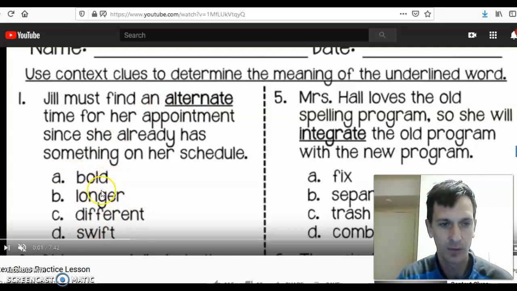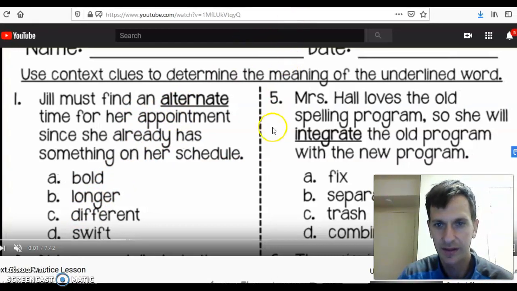It's not going to be bold or swift, because nothing about her having something on her schedule means she needs something bold or swift. Is it longer or different? It doesn't say anything about time, so alternate means different. See how we use the clues there?